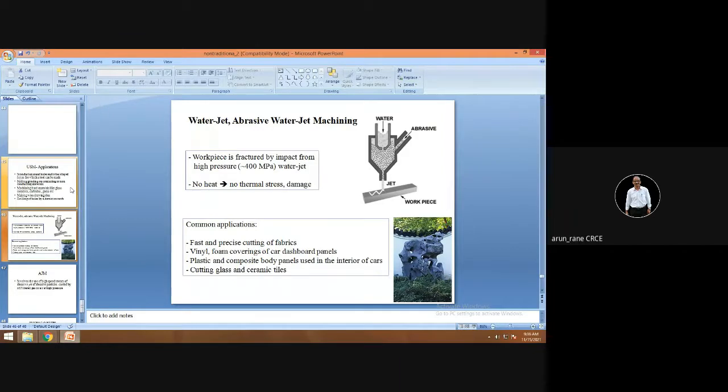This is your water jet or abrasive water jet. Abrasive water jet machining is most common.